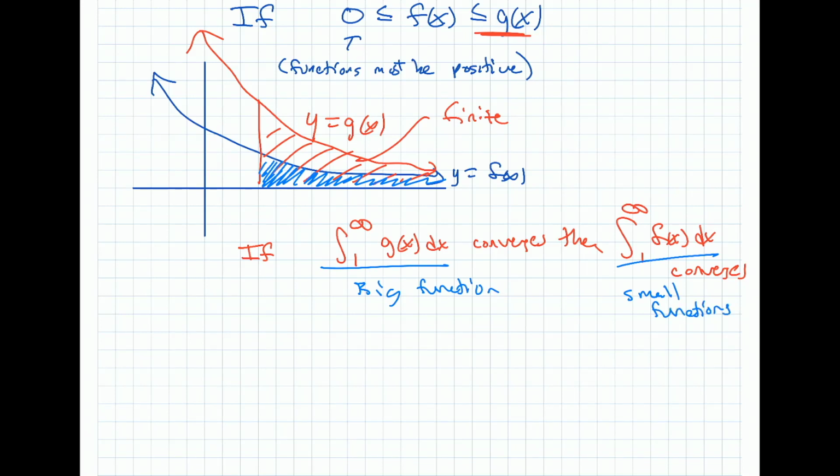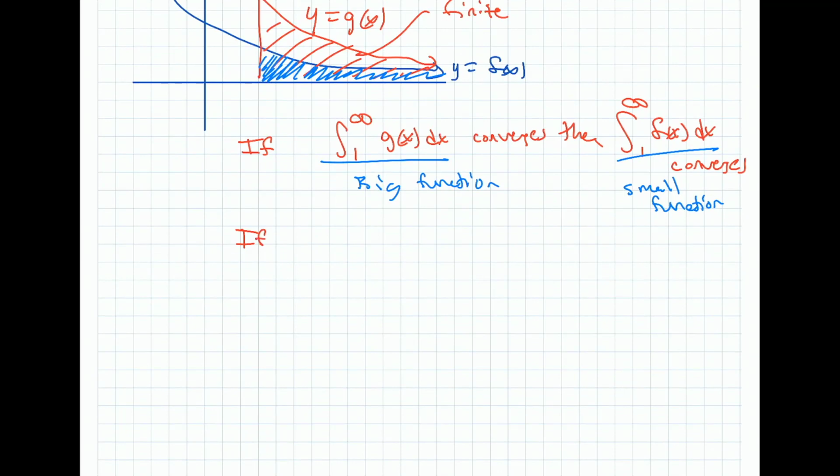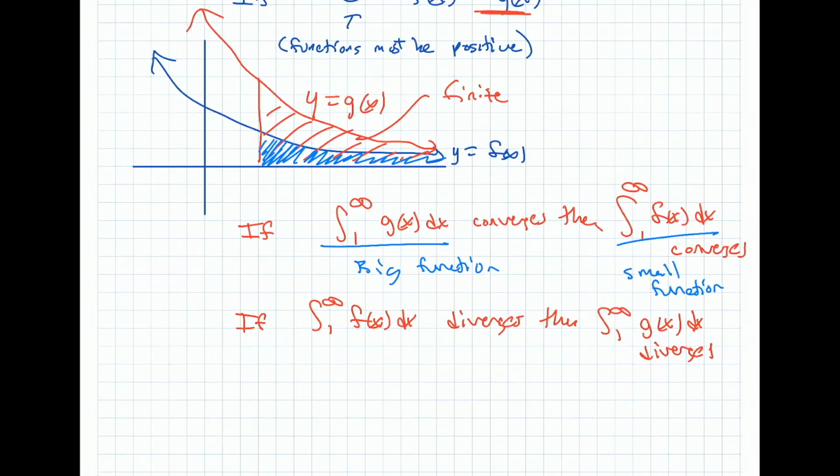All right, and you can turn that around and say, if the small one, which was f, diverges, then the big one diverges too. Okay, and that's the same reasoning in the opposite direction, because imagine that the blue one is infinity.